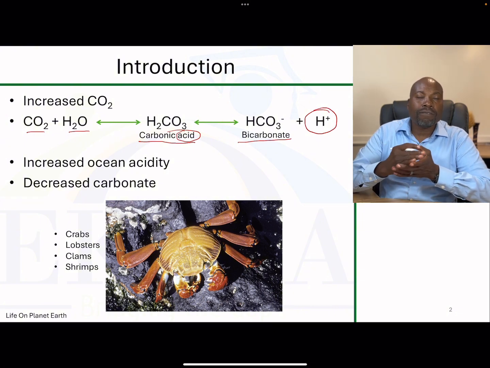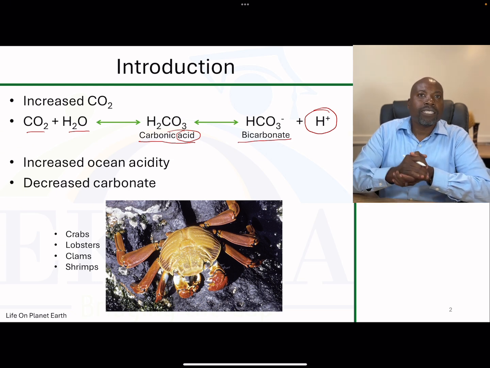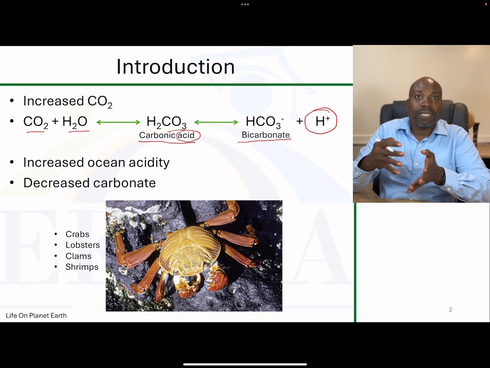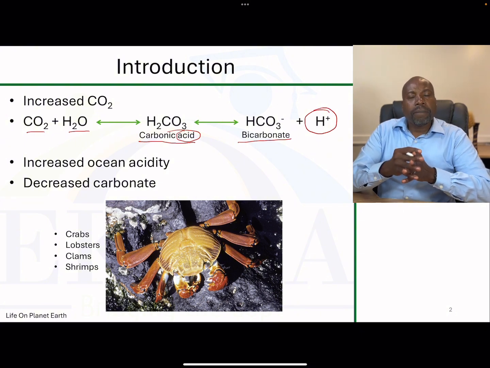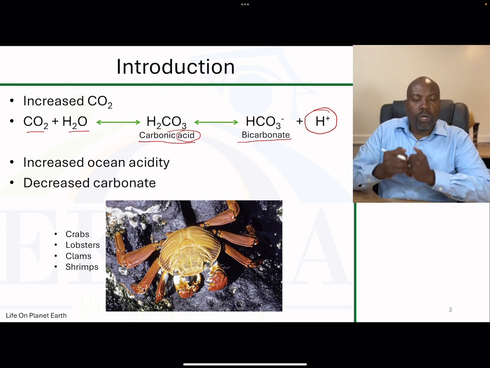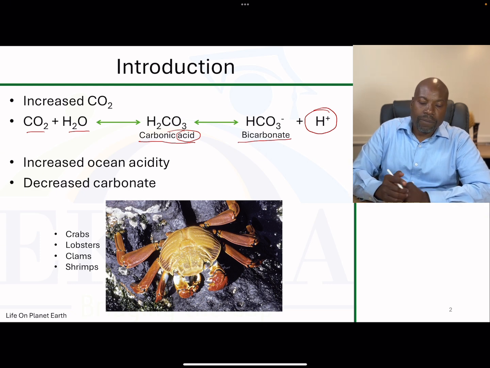Maybe you've heard of acid precipitation, right? Or acid rains that cause the destruction of many forms of life, including forests, right? Trees. But in the aquatic environment, we also notice an increase in the acidity in oceans and seas.